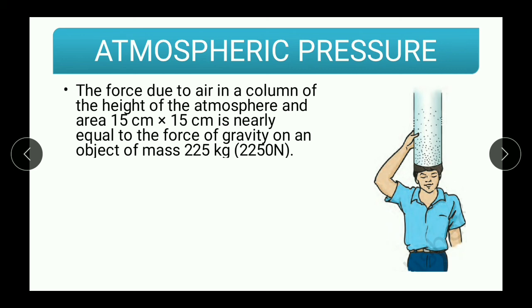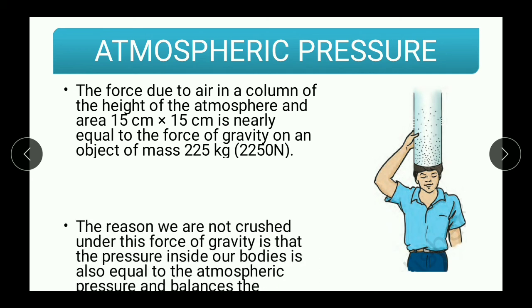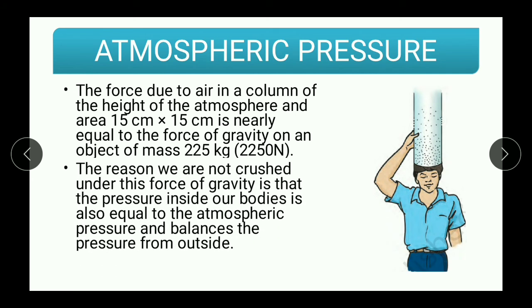So just imagine, how can we balance that much air above our head? Why don't we crush down because of so much force? That happens because inside our body there is equal pressure. It is equal to atmospheric pressure, and this pressure within our body balances the pressure from outside.